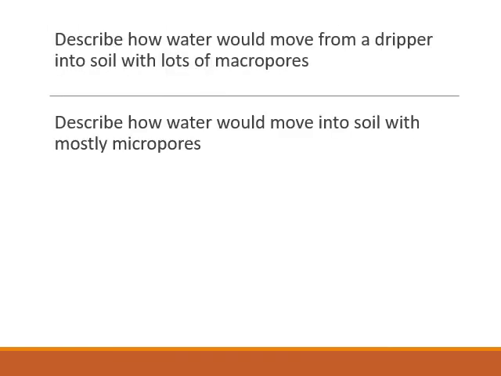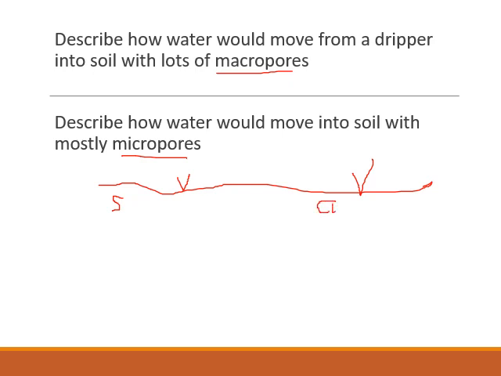Describe how water would move from a dripper into soil with lots of macropores. So this is the comparison between macropores and micropores. If you remember, we had a slide that showed a soil and a dripper, and on this let's say we had sand, and over here we had clay. Wow, I can't write to save my life with a mouse.